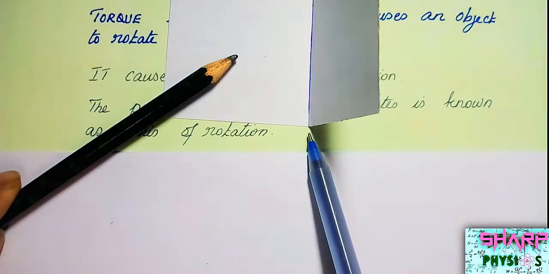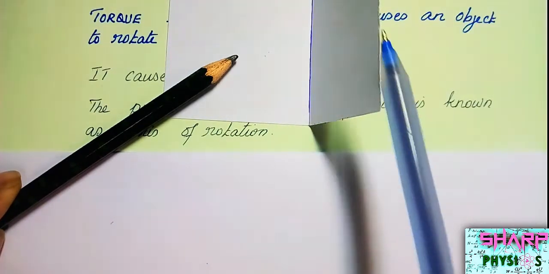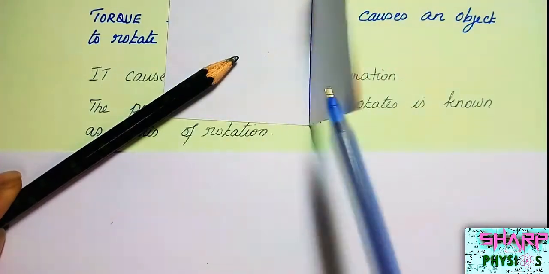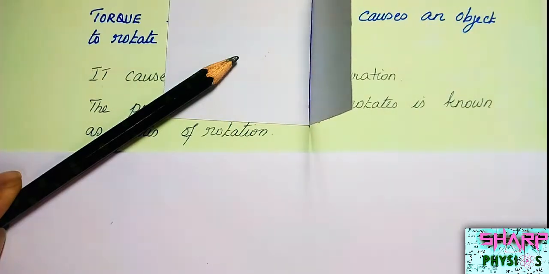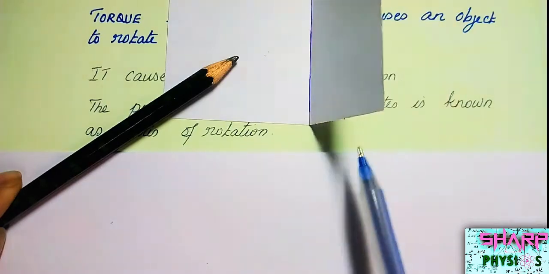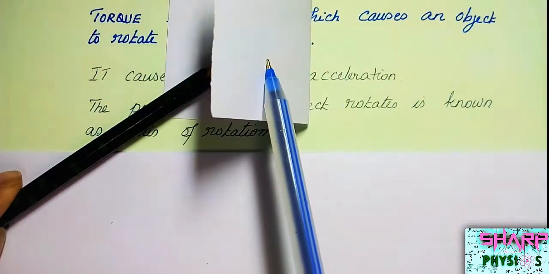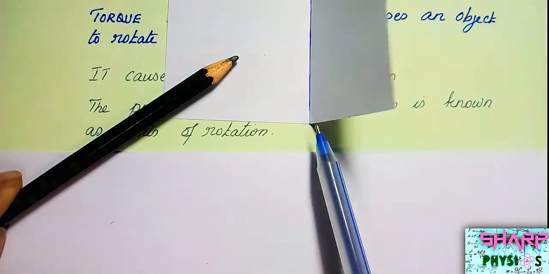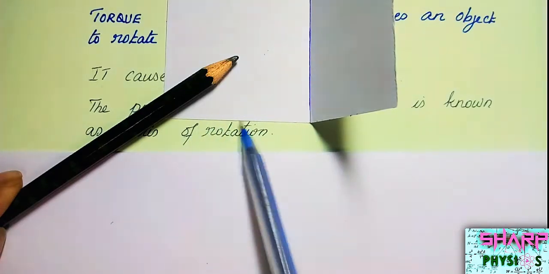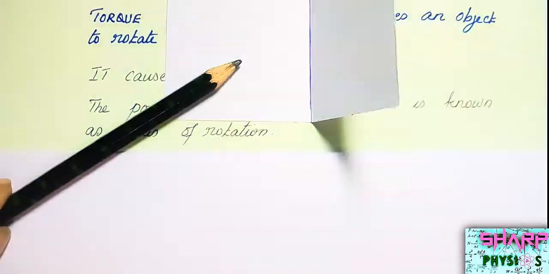This particular point we call the axis, and this rotation which causes the object to rotate, we call torque. The paper is the object, and the pen which makes it move is the force being given. You give an angle here, you get an angle from the original line. So this is what we call torque.